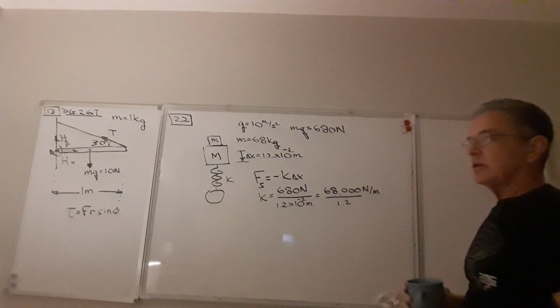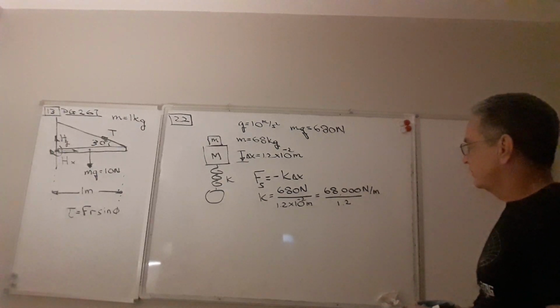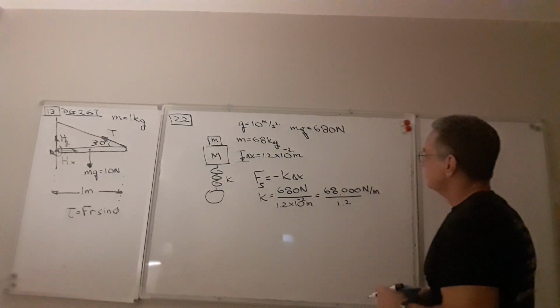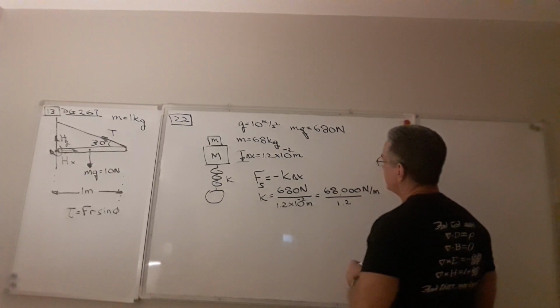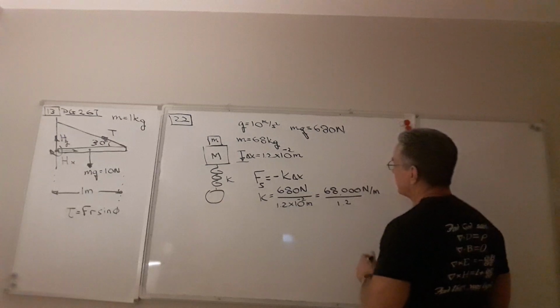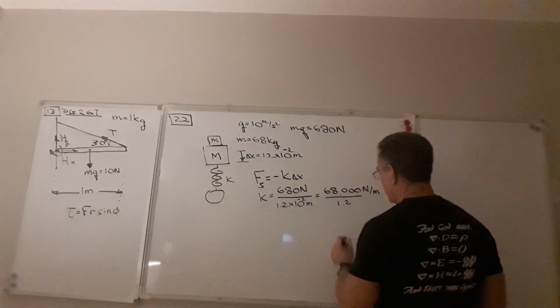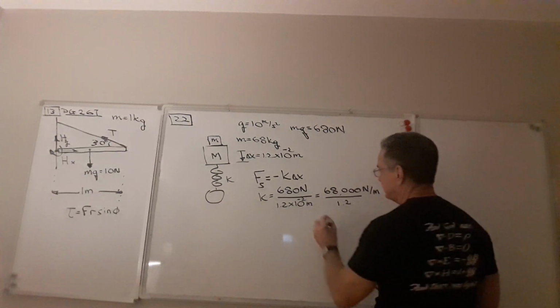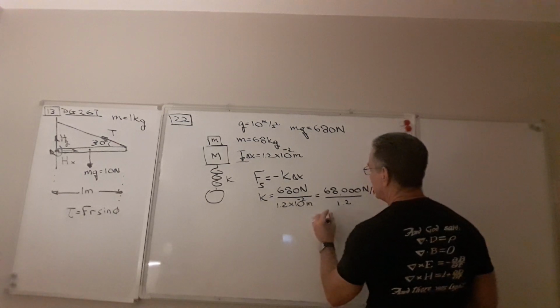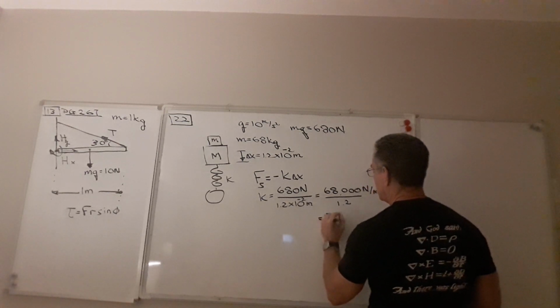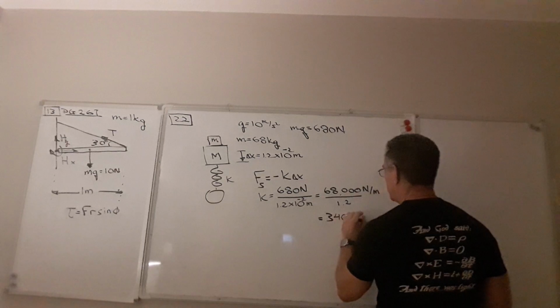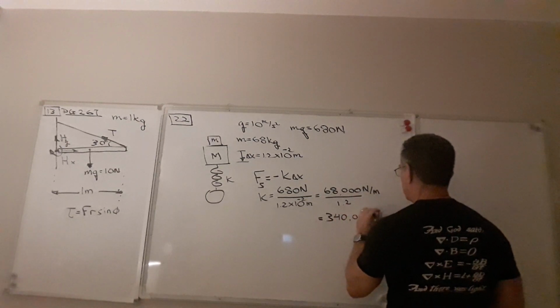Okay, 1.2 is 6/5, so if you multiply that by 5, you get 340,000. 340,000 divided by 6. So this equals 340,000 newtons per meter.